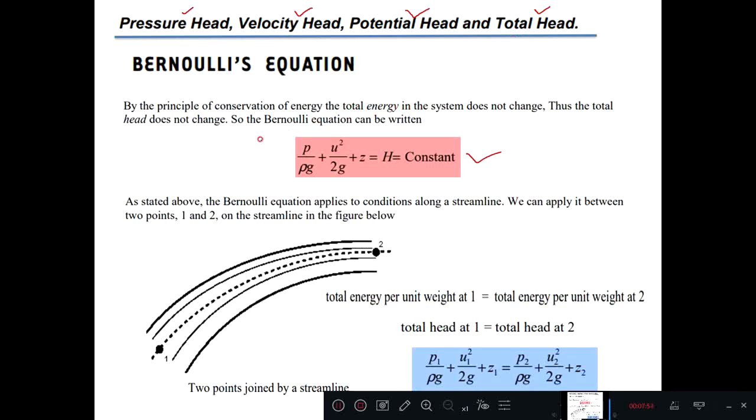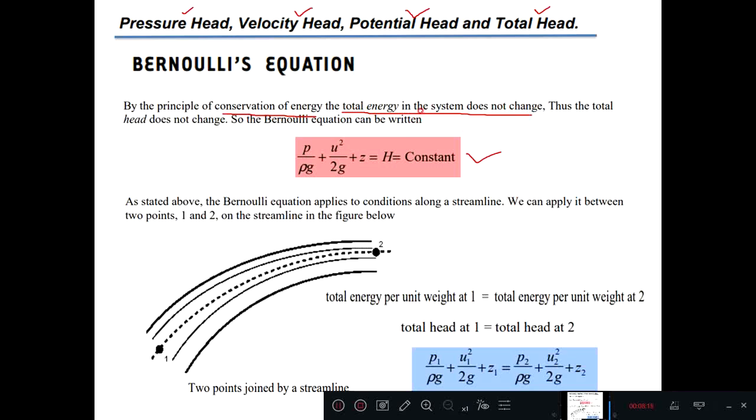And the Bernoulli's equation, as we know, comes from the principle of conservation of energy, as we have discussed previously, how it can be obtained by taking the equation of motion. I have taken various examples and explained that by the principle of conservation of energy, the total energy in the system does not change.